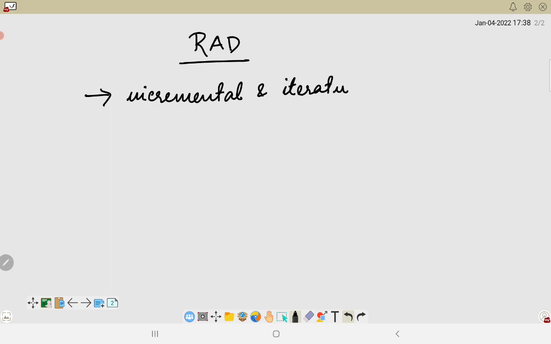By incremental, it means that we will release the software or the project in a phase-wise manner, and iterative means that if we have any problems associated with any of the stages, we can immediately go back to that particular stage and correct it.